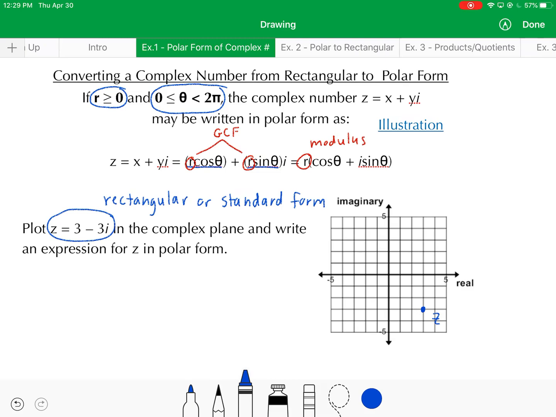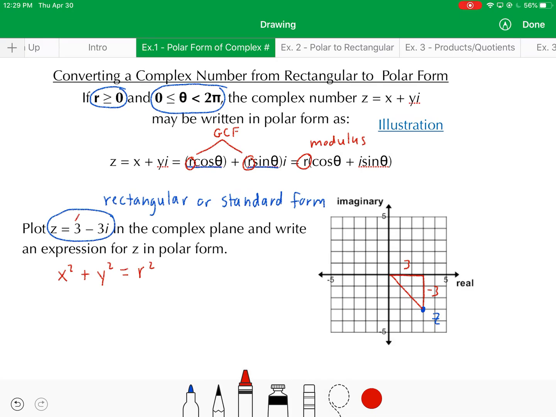Okay, now to get this in polar form, I need to find the r value, and I need to find the theta value associated with that point. So you can think of the right triangle that's associated with this point. Okay, so to get r, or the hypotenuse of that triangle, we can simply use x squared plus y squared equals r squared.